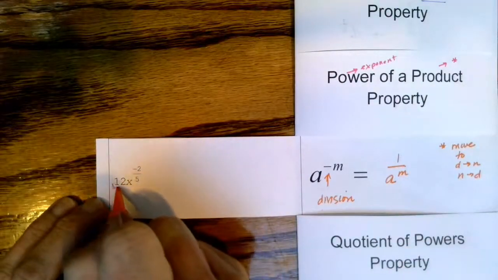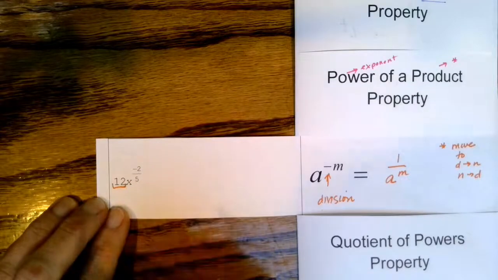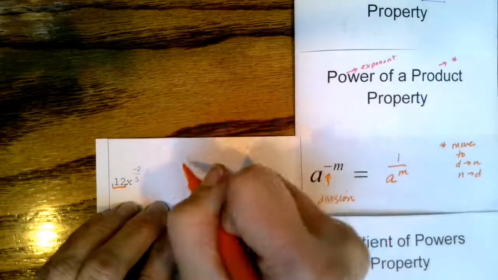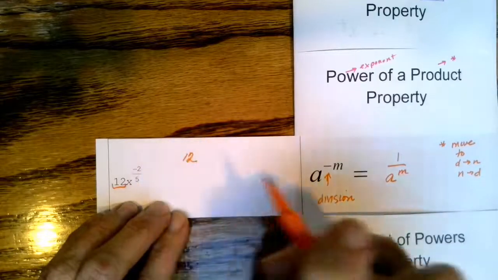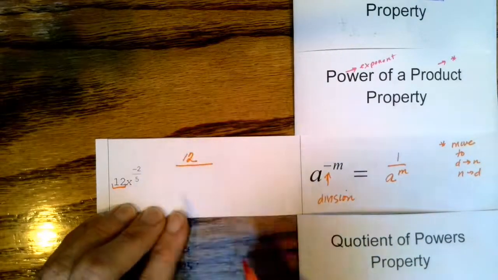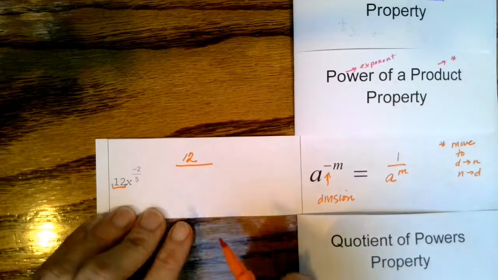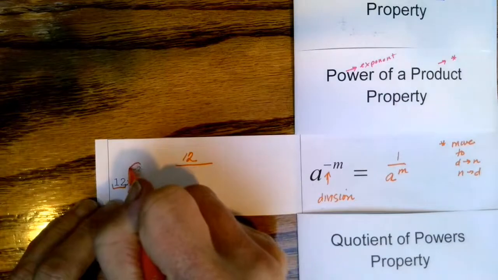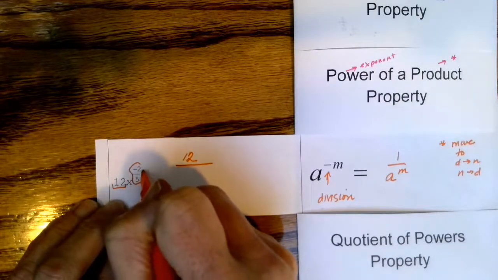Now keep in mind, this 12 is a separate factor. He's not affected by the negative exponent, so he's going to stay where he is. Our whole numbers can be written as a numerator over 1. This entire fraction is negative.